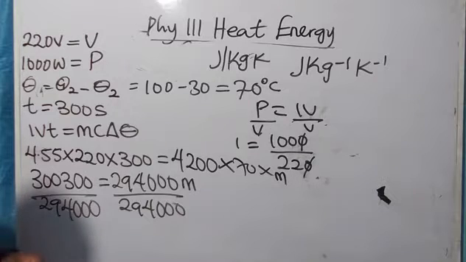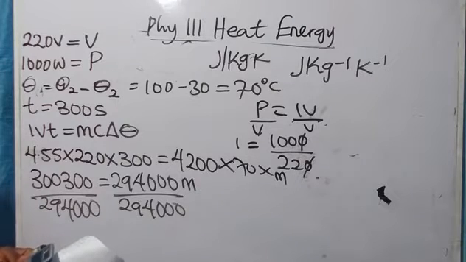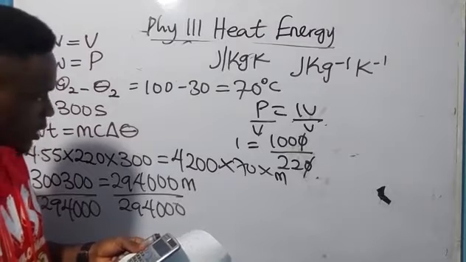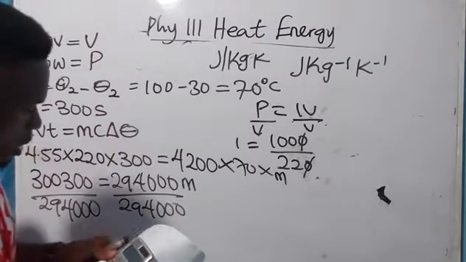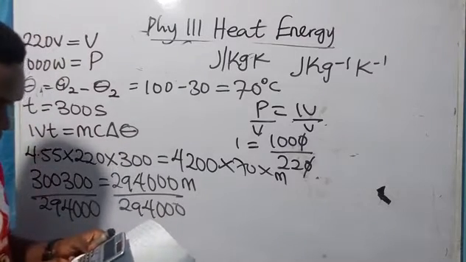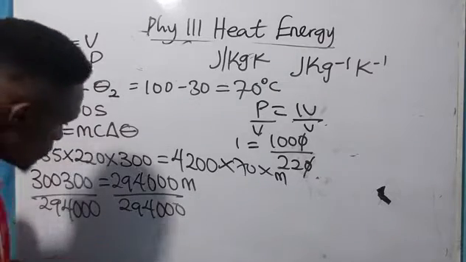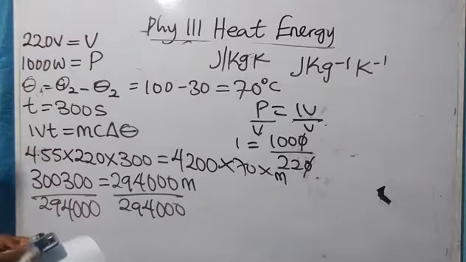Let me do it again, please. 4.55 times 220 times 300 equals, very correct. Then 4,200 times 70 equals 294,000.